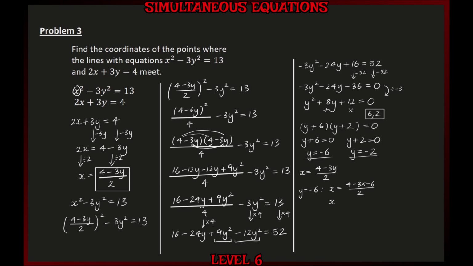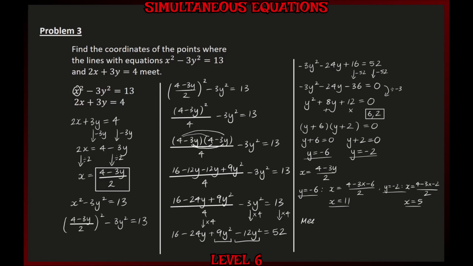And this gives us x is equal to 11. So these form our first pair. If we also look at when y is equal to minus 2 and substitute this in, we have x is equal to 4 minus 3 times minus 2 all divided by 2. And this gives us x is equal to 5. And this forms our second pair.